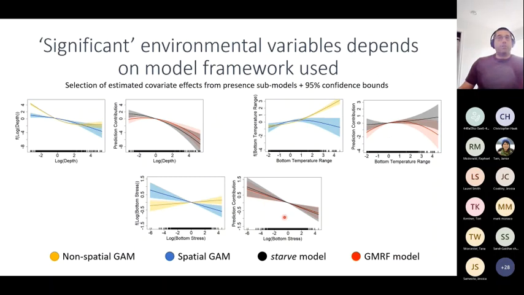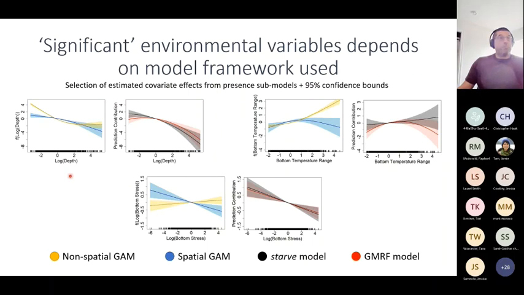So our 3 spatial models really generally for the environmental covariates give the same response. Right? A very similar response in all 3, except this one, and I think it's in STARV, there's a little bit different response for the bottom temperature range environmental covariate. But with our non-spatial GAM, when we remove space, the patterns are often reversed.